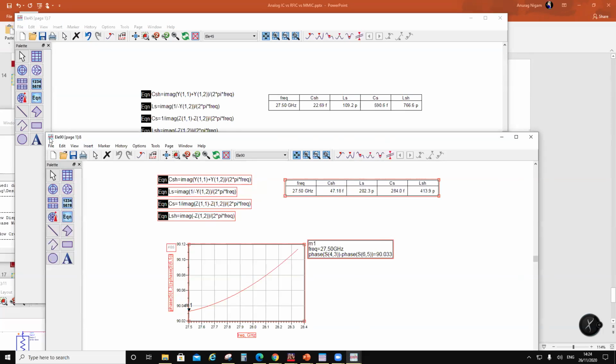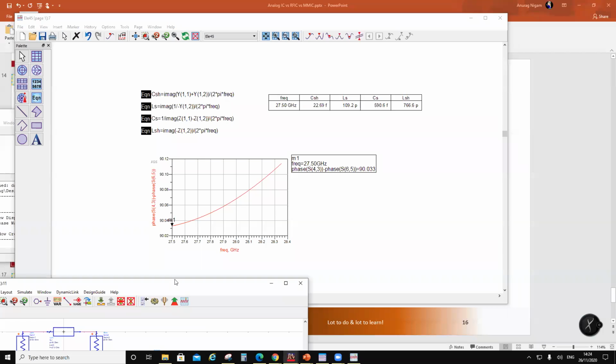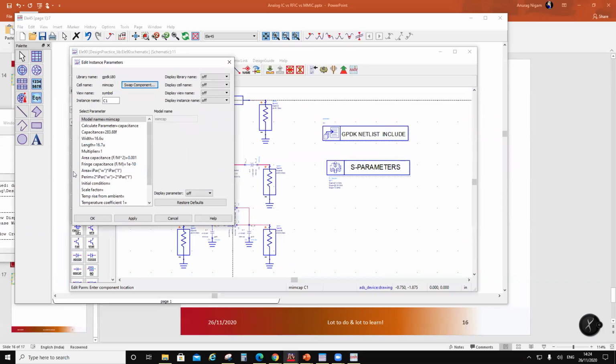Yeah, this one I can just delete it. Okay, so I need 590.6, so 0.5 picofarad and 0.766 nanohenry. Over here, I want 0.5. So let's look at 20 here and 20 there.